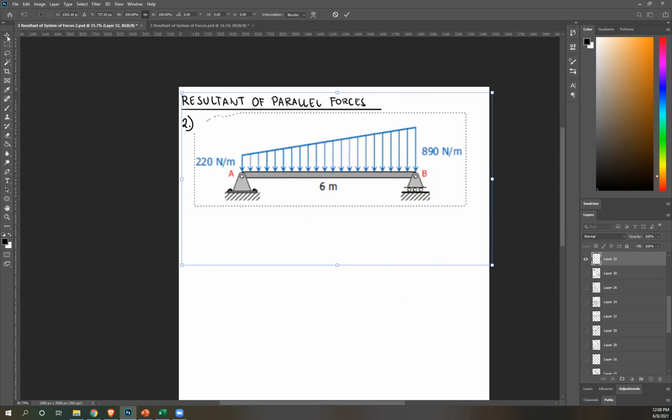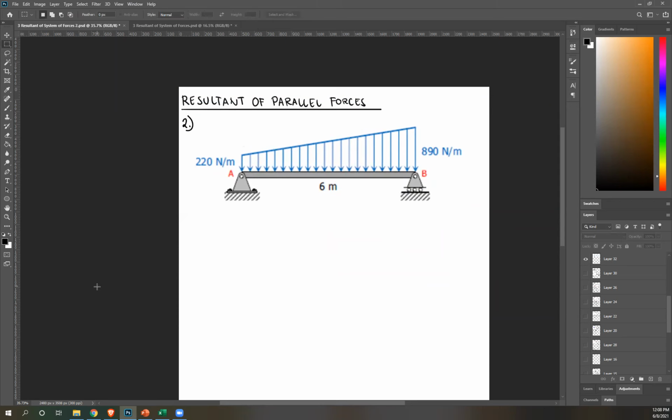It's a combination of two shapes. So you can still divide your load diagram into two parts so that you have your common shapes. The way to divide this is into a rectangle and a triangle. So we have two separate load diagrams, meaning we have to solve for 2 point loads.